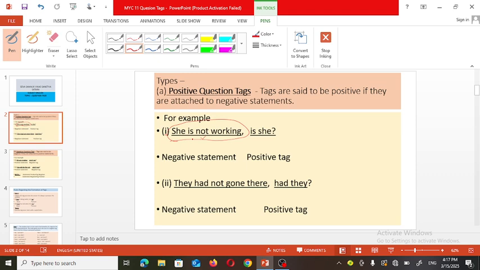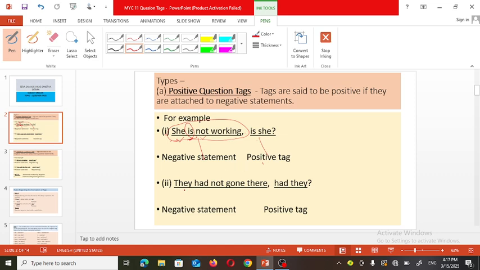In the statement, the to be form is used and the pronoun is she. So when we add the tag, we have to use is she. So our question tag will be: she is not working, comma, is she? When the statement is negative, then the question tag is positive.